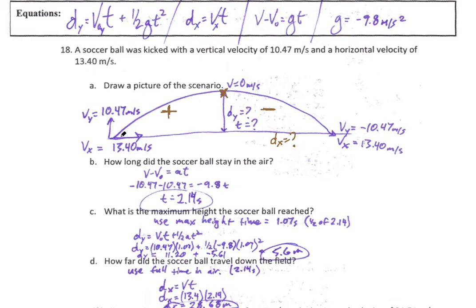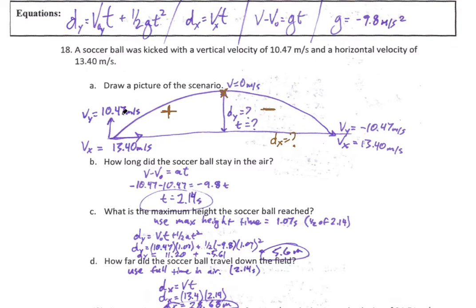So if velocity is positive in this direction, then negative in this direction, well, it had to cross 0 somewhere in order to get from positive to negative. The other way to think about this is if this ball continues to go up, if it didn't hit 0 here, it would just keep going on and on and on forever until it was out in orbit. Turns out I'm not in orbit, I'm back here. All right, so we know it's 0 meters per second for a variety of reasons.